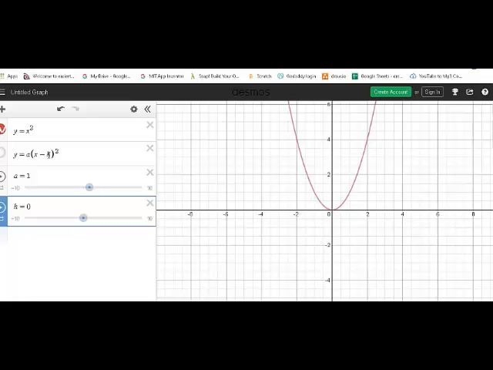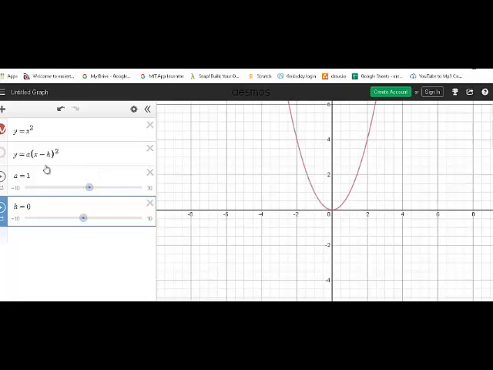Before I start talking about h, let's just refresh our memory that the a parameter is going to decide if the base function, the graph, is going to be compressed or stretched vertically, and if a is negative, it is going to be reflected upon the x-axis.